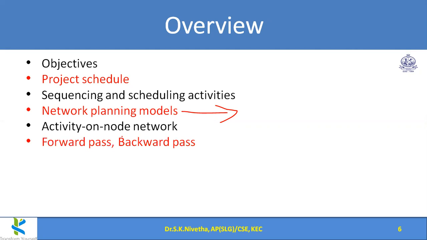So these two will come under this. In a forward pass, we'll be calculating the possible duration for each and every activity, and in the backward pass, we'll be correcting those things. Okay, so we'll be seeing when we see that.